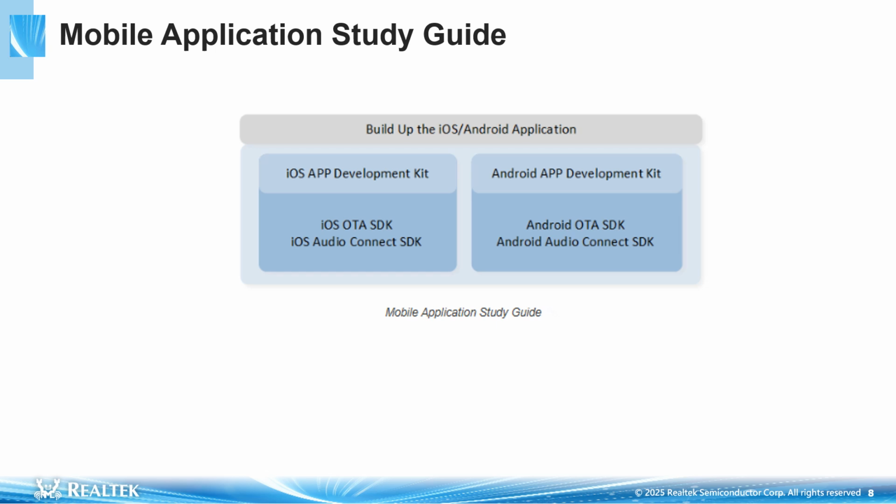By using this application, developers can not only learn and master the communication protocols between mobile phones and Bluetooth audio devices but also develop mobile applications that meet their specific product requirements based on the Audio Connect SDK. These examples and SDK tools enable developers to comprehensively understand and implement interactions between mobile devices and hardware products, supporting them in developing high-performance and highly reliable mobile solutions.